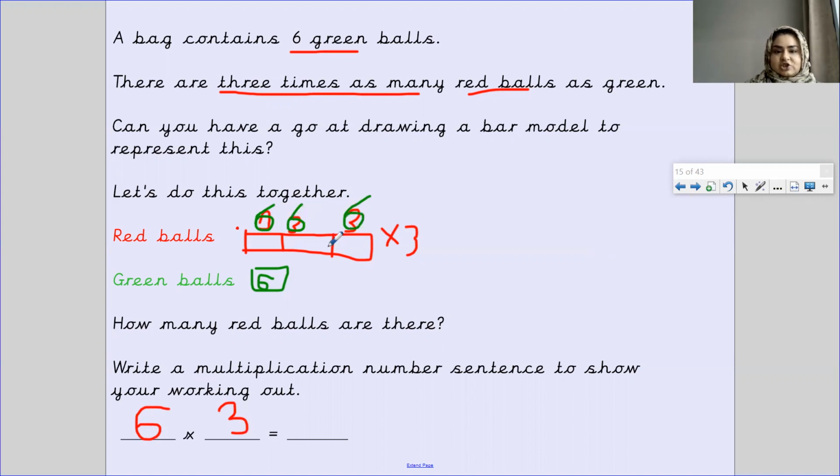Okay, because remember each box represents 6. So that would be 6 times 3 because I've got 6 and I've got it 3 times. And your answer should be 18. Fantastic. Because when you count 6 3 times, it's 6, 12, 18. And when you count it in threes, it's 18 as well. 3, 6, 9, 12, 15, 18.